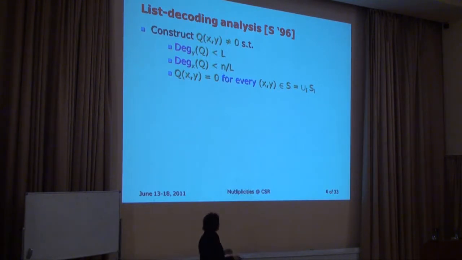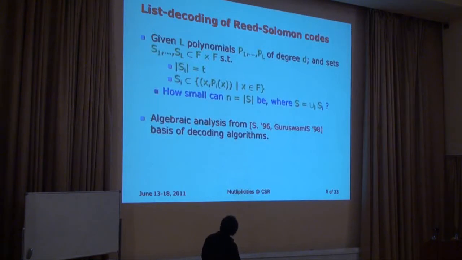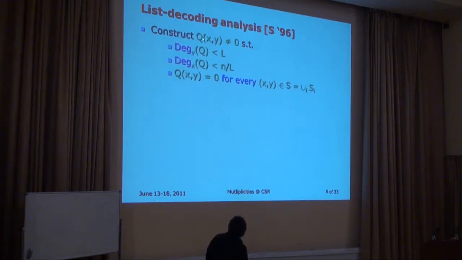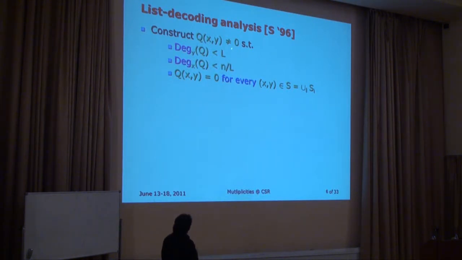So we have these n points in the space. And what we will do is find one polynomial q in two variables, x and y, which is not identically 0, keep this in mind as we go along, whose degree is not too large, at most L in y and at most n over L in x, such that q of xi, yi equals 0 for every i that's given to us.